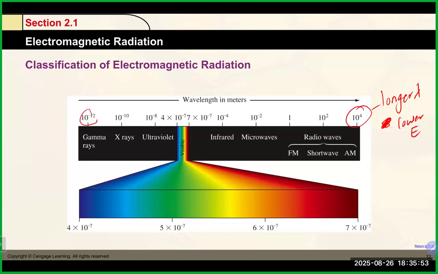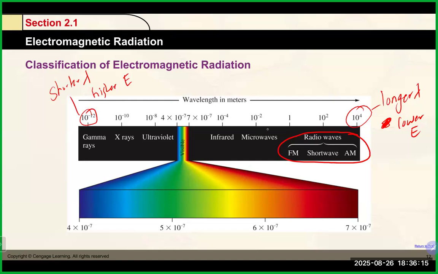Over here, this is 10 to the minus 12, which is a shorter wavelength, which means it will be higher in energy. So down at this end, we have radio waves, like we just calculated. And again, that has enough energy that we can hear, obviously, sound through them. That's what comes through our radio.